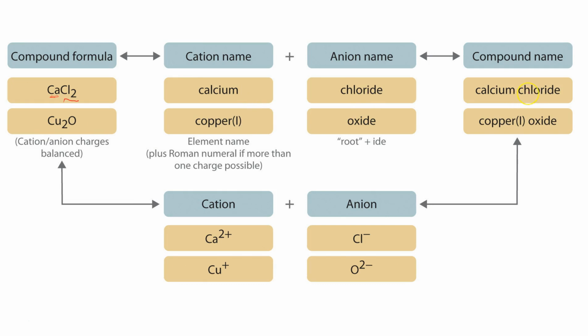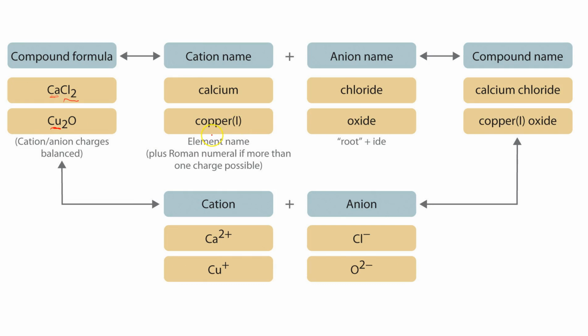Now where we see a little bit of variation is where we have transition metals. In this case, our cation is going to be copper, but copper can have different charge states, so either +1 or +2 or different things like that. So now when we have our name, we need to make sure that we have copper, the name of our cation, and then we use a Roman numeral, in this case 1, to dictate what the charge is on it.